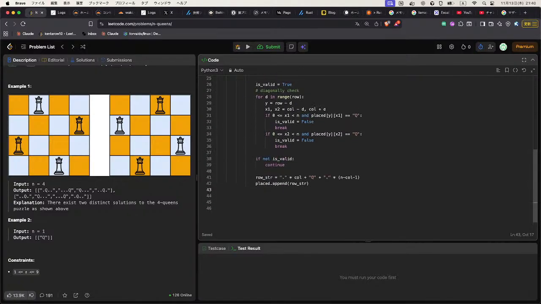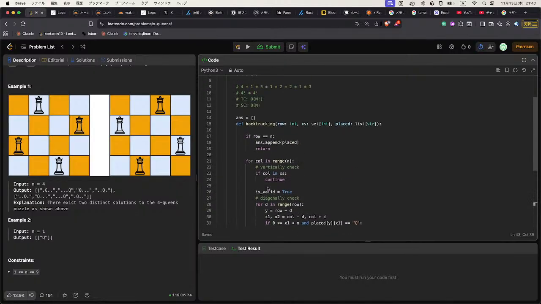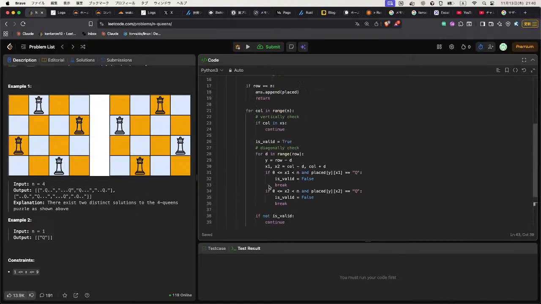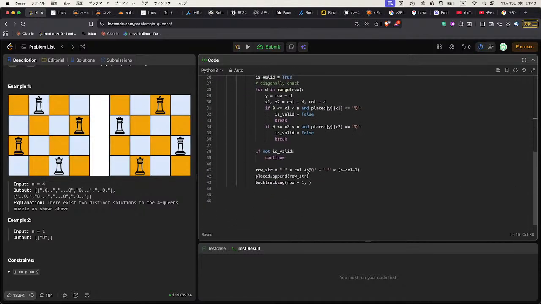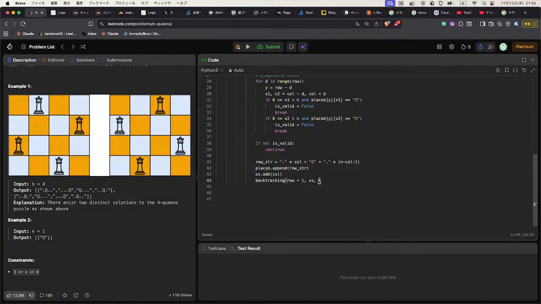And backtracking, right? Row plus 1, xs add column, xs placed, and after that we have to pop.